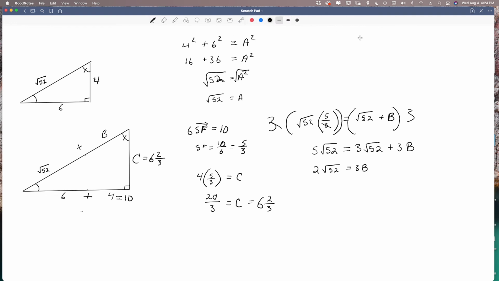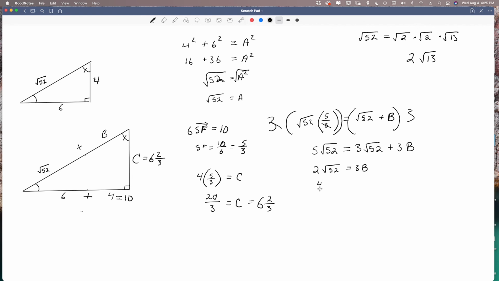Square root of 52 is equal to the square root of 2 times the square root of 2 times the square root of 13. So when you have the square root of 2 times the square root of 2, you get 2 times the square root of 13. So we've pulled 2 out. We already had a 2 times this. Now this becomes 2 times 2 times the square root of 13.